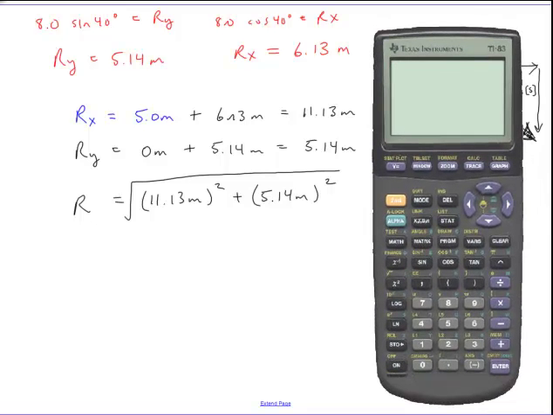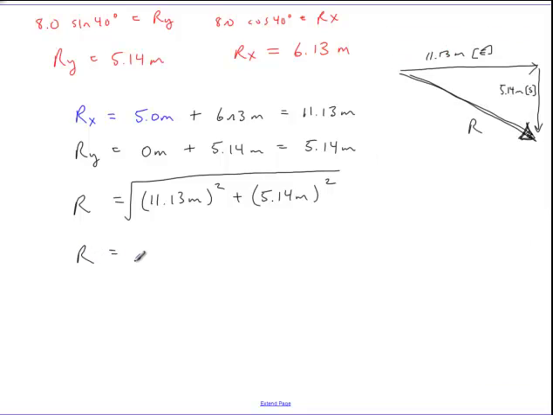So 11.13 squared is 123.8 plus 5.14 squared is 150.29. So r equals the square root of 150.29 meters squared.